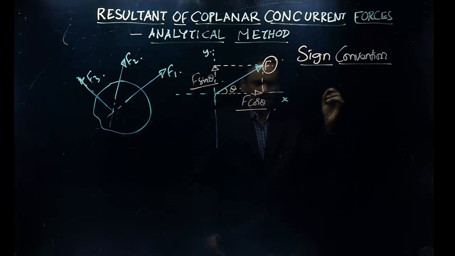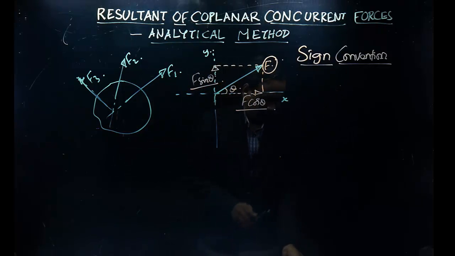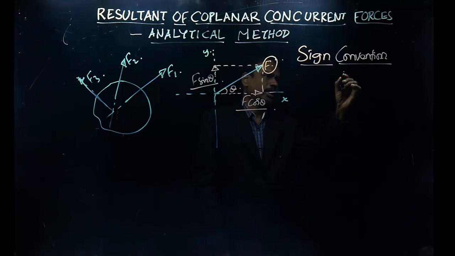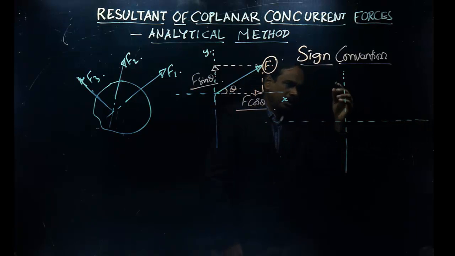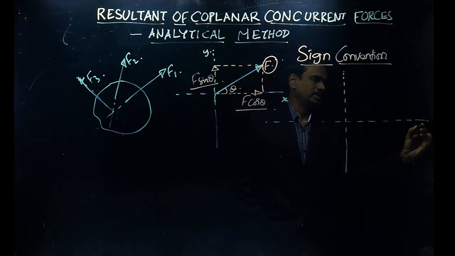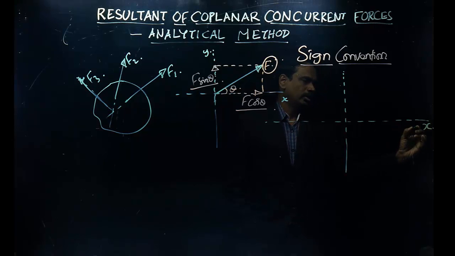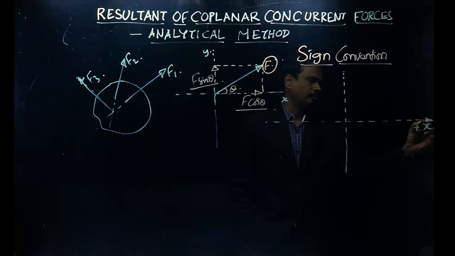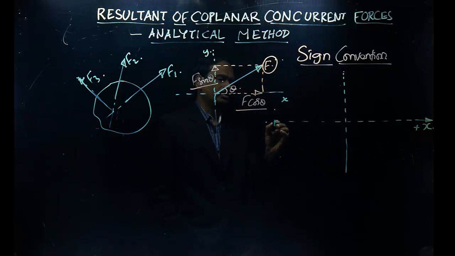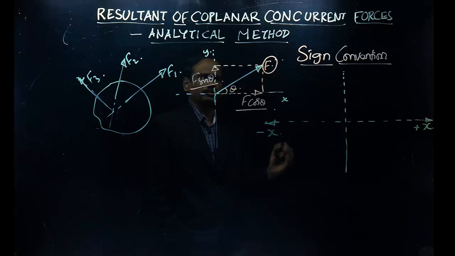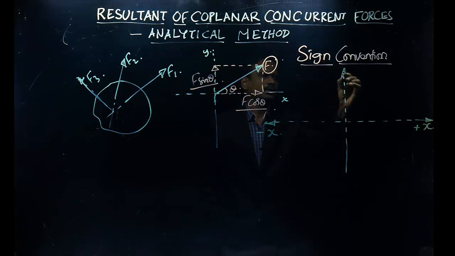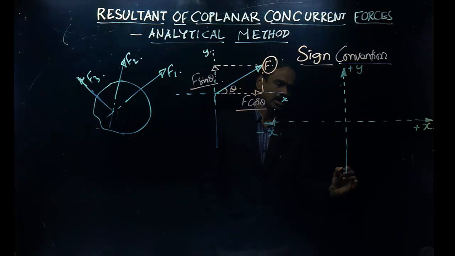Now, what do we mean by the sign convention? Let's have these perpendicular axes. We call this the x-axis, and this direction is the positive direction of x, and this one points in the negative direction of x. This is the y-axis, and it points in the positive direction of y, and this one points in the negative direction of y.